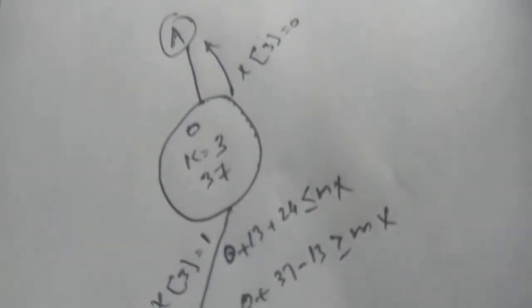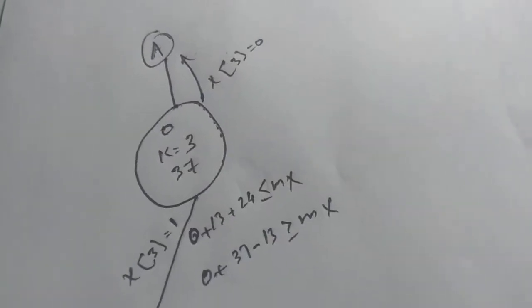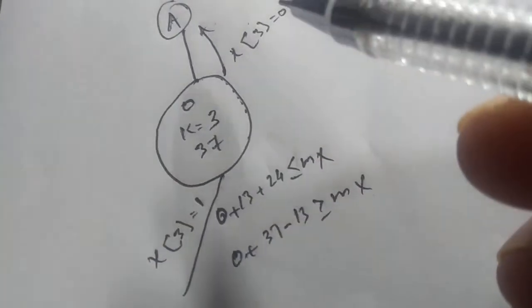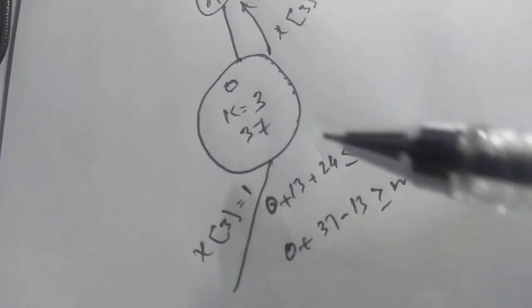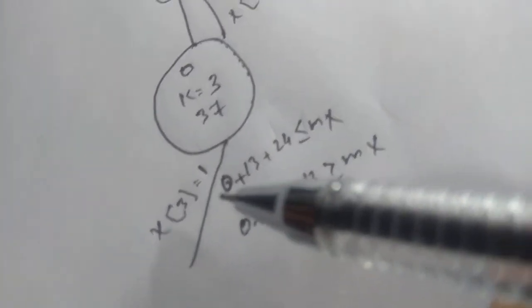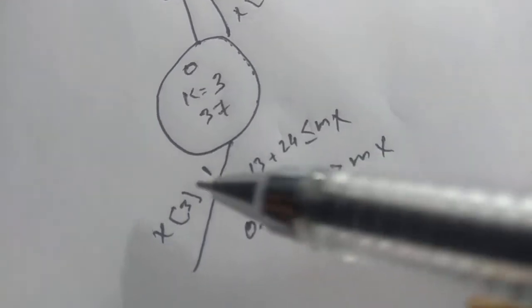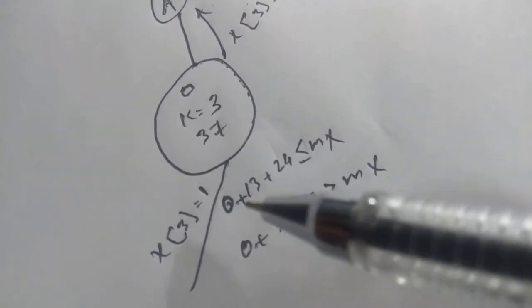Okay, the right child is created here, with sum equal to 0, k equal to 3, and 37 the remaining sum. So it is making x3 equal to 1, that is, it is accepted.